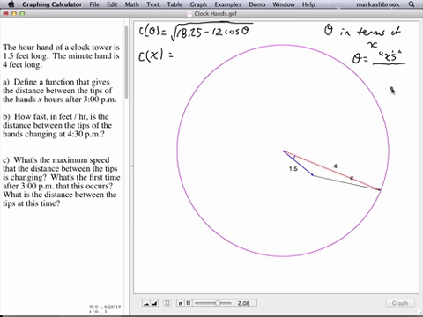Yeah, Lizzie. 2 pi x. Okay. But both those are turning, right? Both the minute and the hour hand are turning.